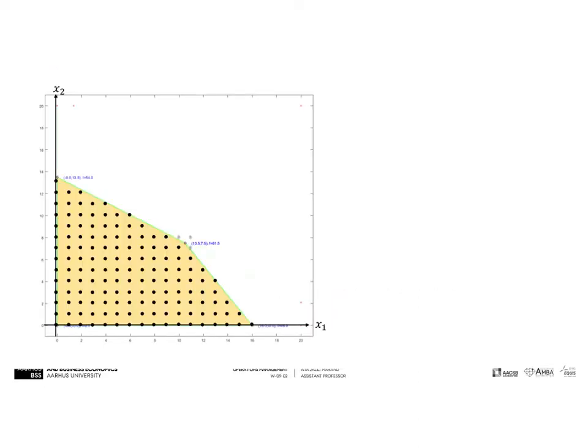So we can see these feasible solutions. All these black dots are called feasible solutions for your problem.